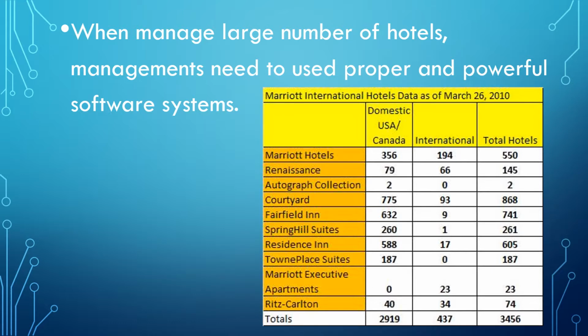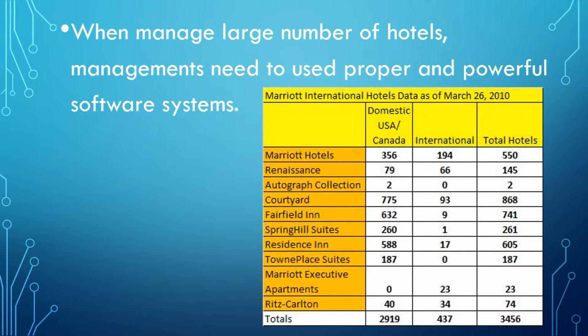International, they have 194 total hotels, residences, and likewise different suites, apartments, Ritz-Carlton. Likewise, when they get the total, they have 3,456 hotels.